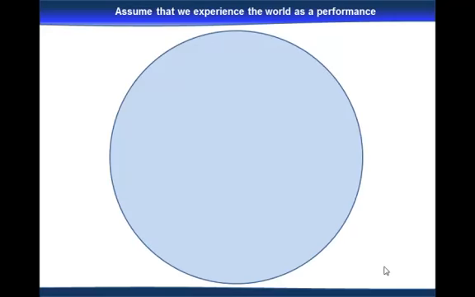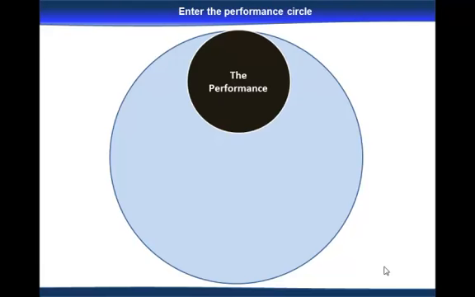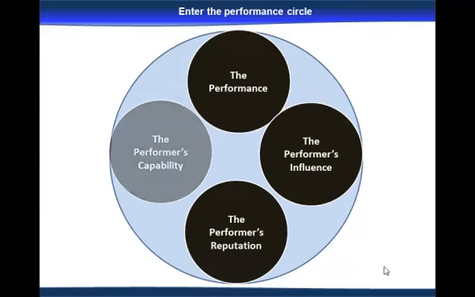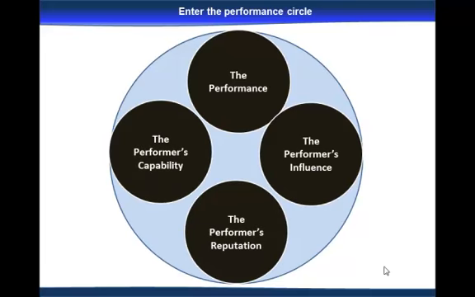Assume that we experience the world as a performance. And as we enter the performance circle, consider the performance and the performer, and consider the performer's influence, the performer's reputation, and the performer's capability.